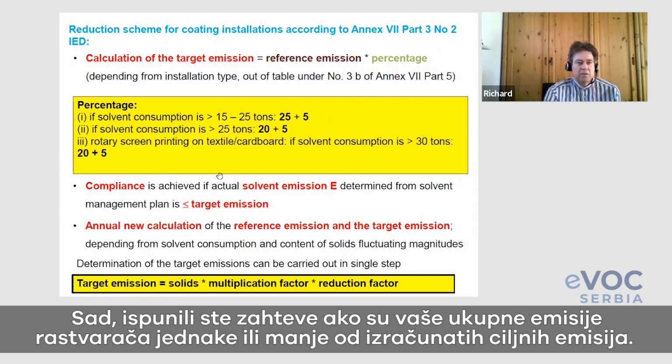And now you have compliance if your total solvent emissions that you have calculated by the solvent mass balance are equal to or less than the calculated target emission.